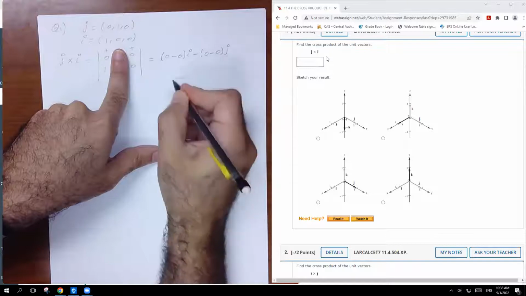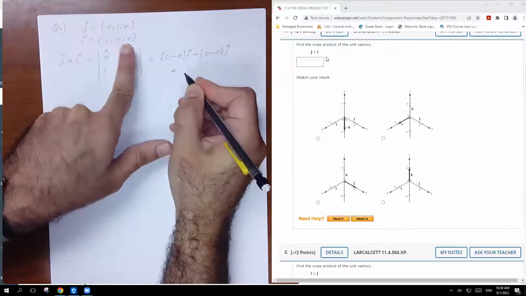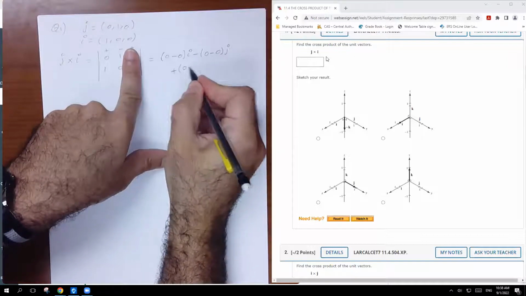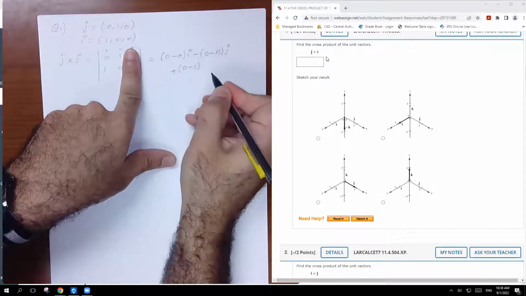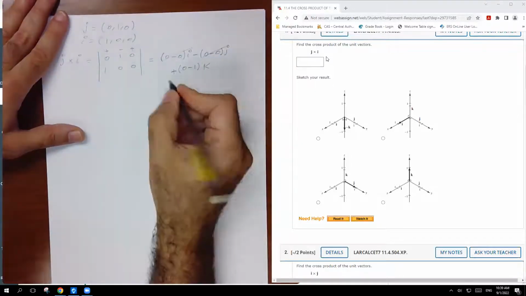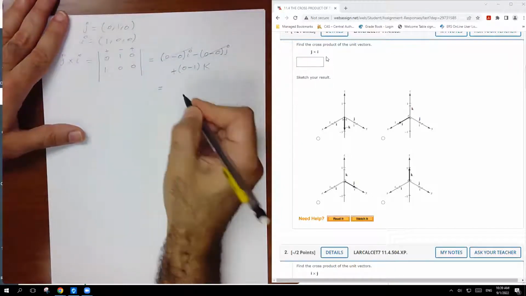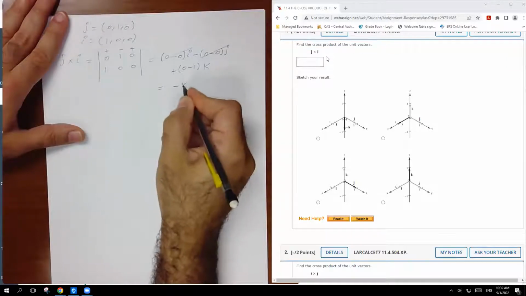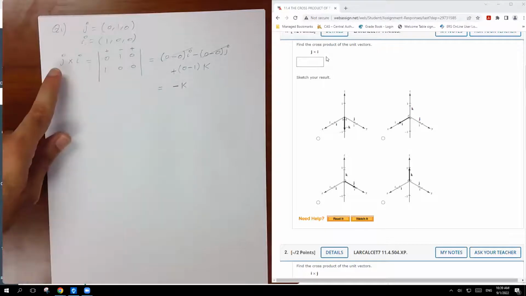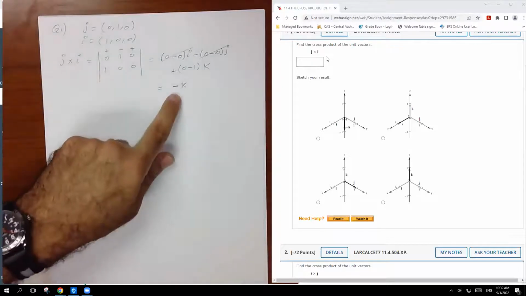This is the J. Plus, for the K, is going to be 0 minus 1. This is for the K. This is 0, this is 0. That means the result is going to be negative K. So the result for the cross product between J and I is negative K.